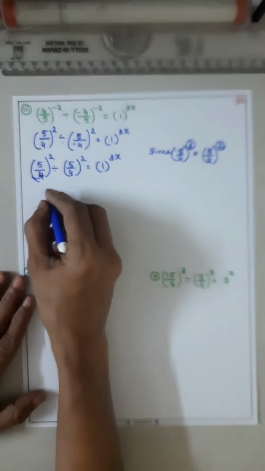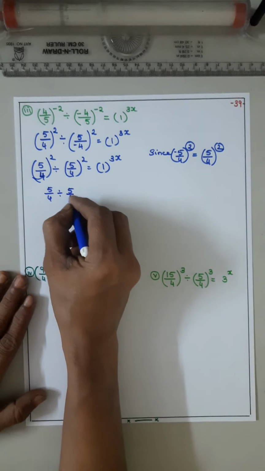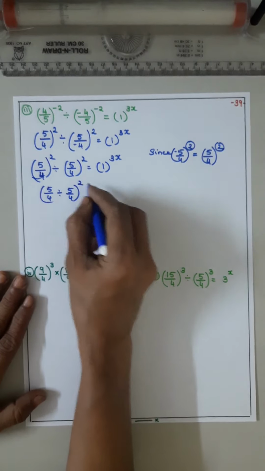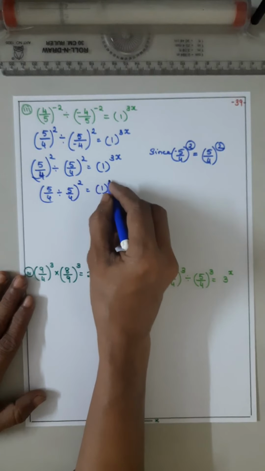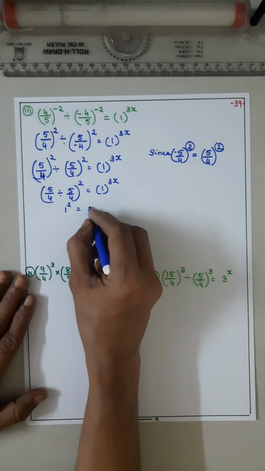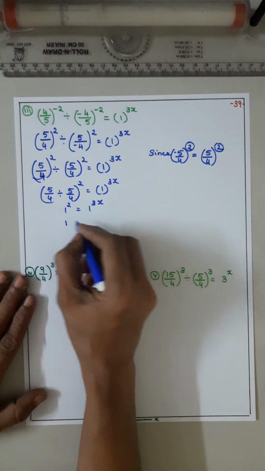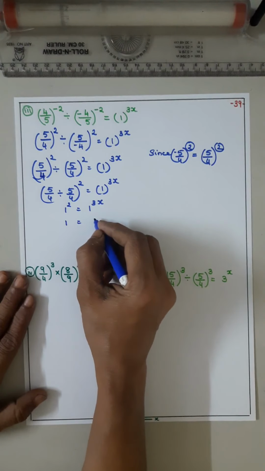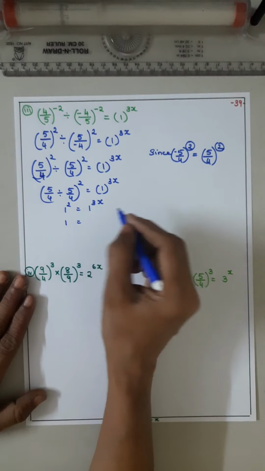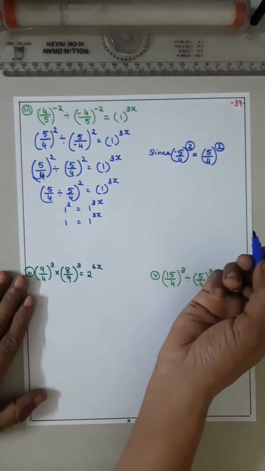Yes or no? Otherwise 5 by 4 divided by 5 by 4 the whole square is equal to 1 to the power 3x, that is 1 square is equal to 1 to the power 3x. Okay, 1 square is 1. Is it clear? So 1 square is 1, 1 to the power 3x.